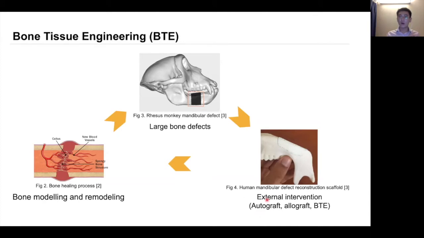For example, autograft can cause secondary operations or even donor site morbidity issues, while in the case of allograft, there's a risk of disease transmission and it's subject to availability. In light of all these issues, BTE is therefore a developing but promising alternative to overcome the limitations of the current treatments we have.